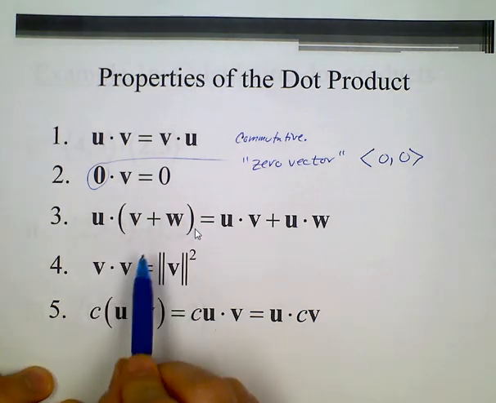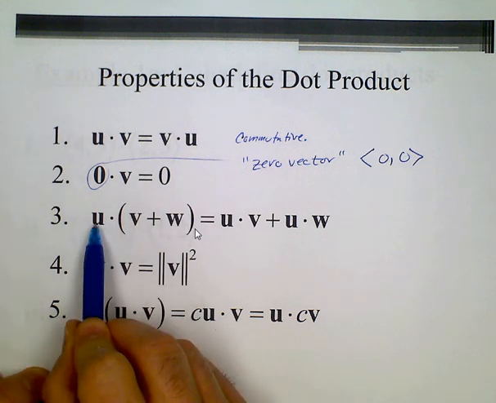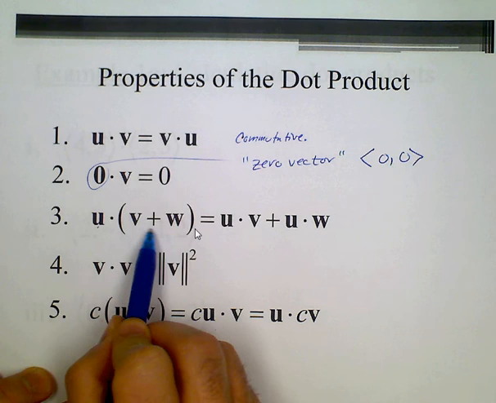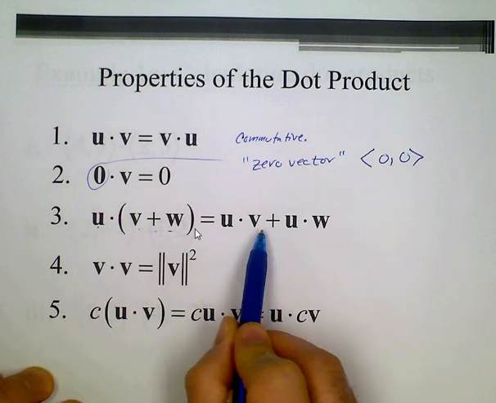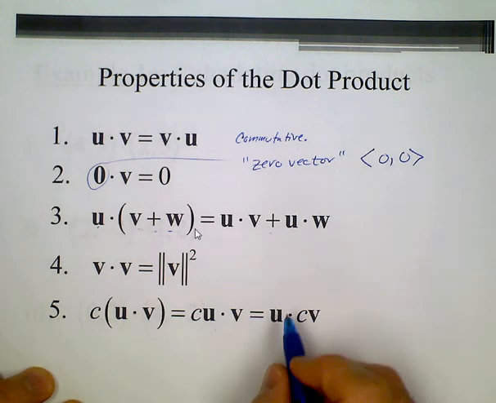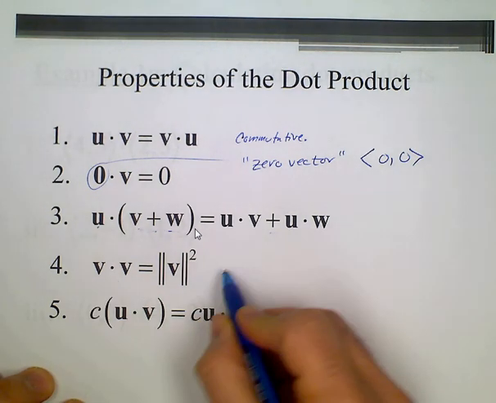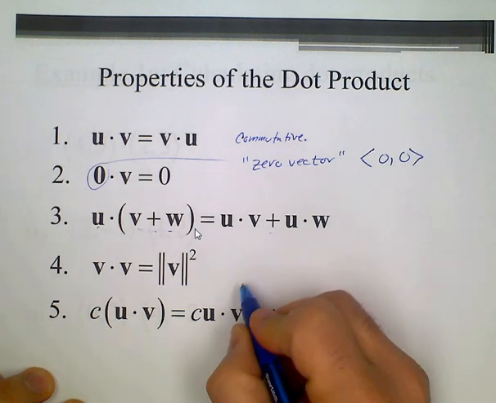The dot product is distributive, so you can take the dot product of u with the sum of two vectors, and it ends up being the sum of the dot products. Taking the dot product of a vector with itself is an alternate calculation of a magnitude.